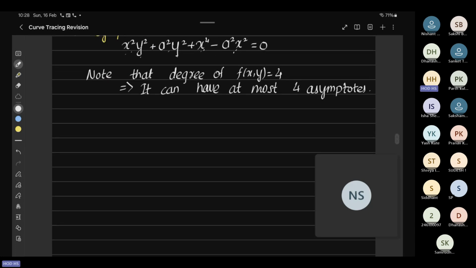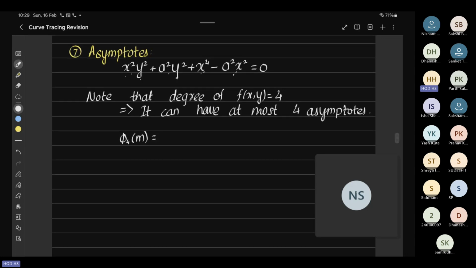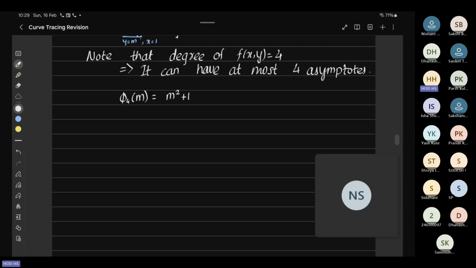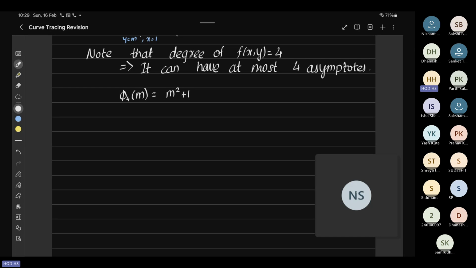To calculate those asymptotes, we should start with calculating our helper polynomials, phi 4 of m. To calculate phi 4 of m, collect all degree 4 terms with the condition of substituting y is equal to m and x is equal to 1. So the first term will give me y m square and the second term will give me plus 1. I don't need to calculate further because I can't solve phi 4 of m equal to 0 for values of m in the real line.